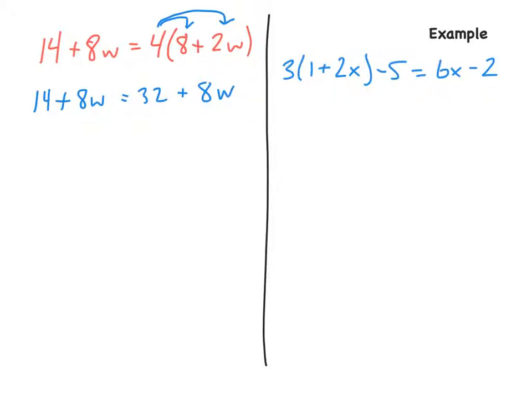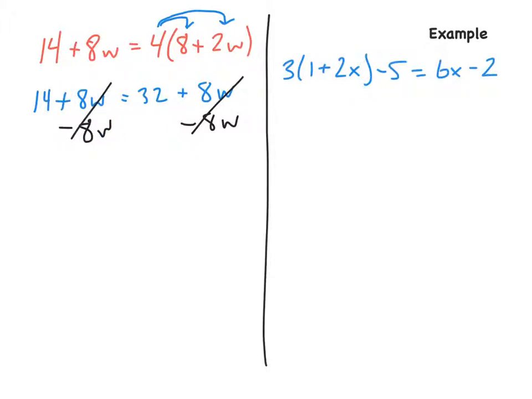Now, I like to move all the variables off to the left, so move this 8w over here to the left. So we will subtract 8w, subtract 8w. So off to the right, this plus 8w minus 8w, these cancel out. Then we have this plus 8w minus 8w.